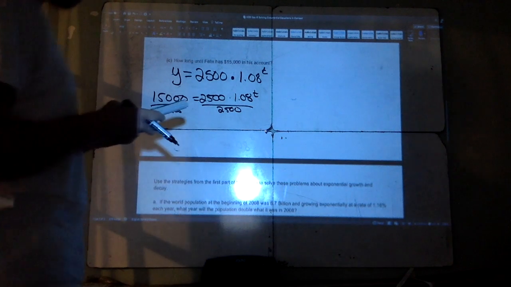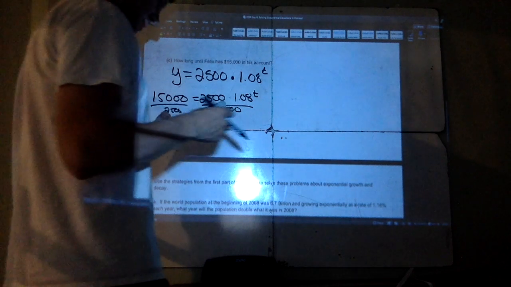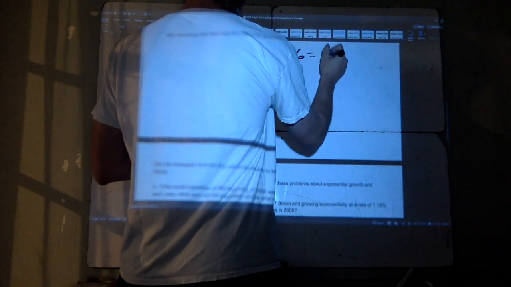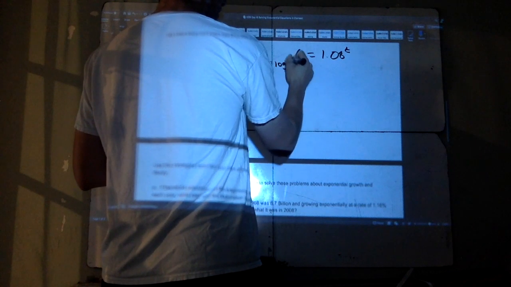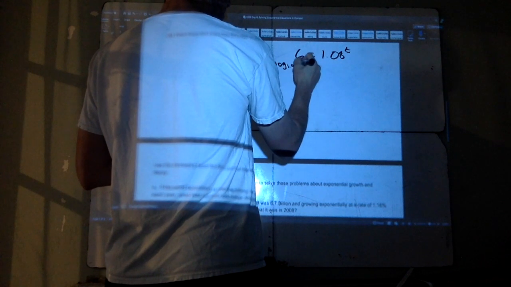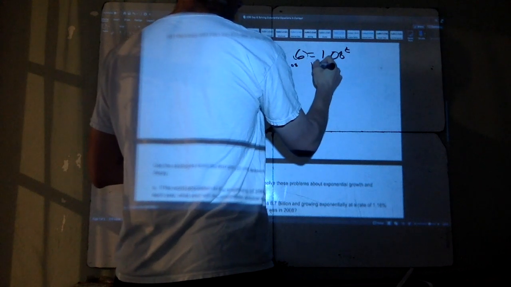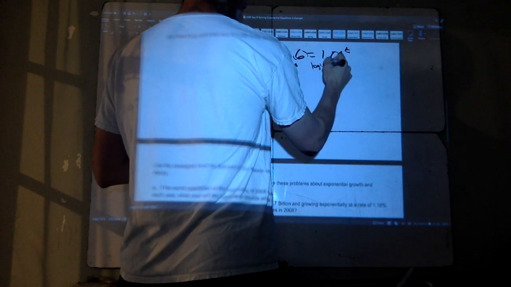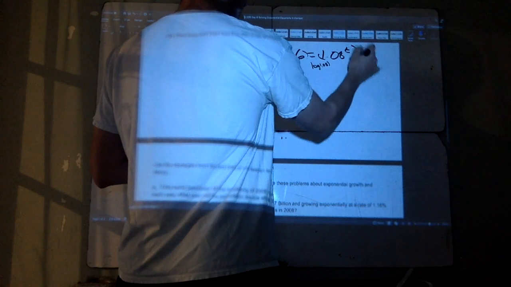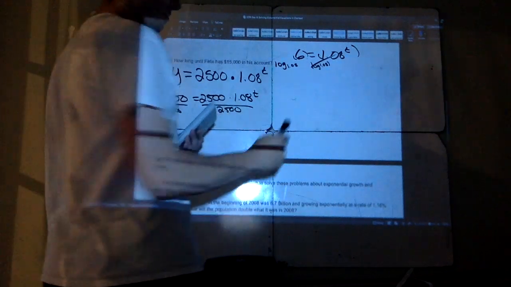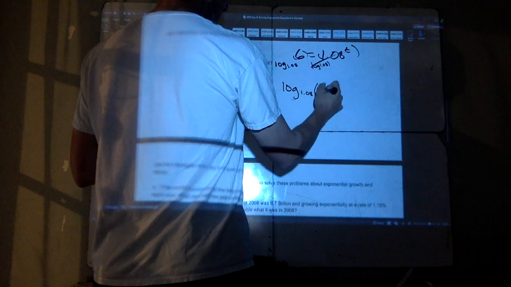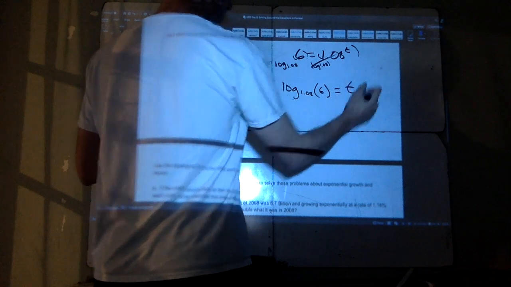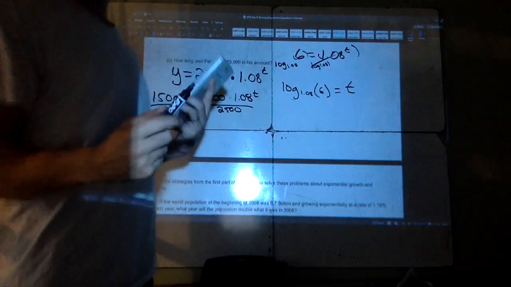So we get 6 equals 1.08 to the t. And we're going to take the log base 1.08 of both sides. These are going to get rid of each other. So we have the log base 1.08 of 6 equals t. So that is our exact answer.